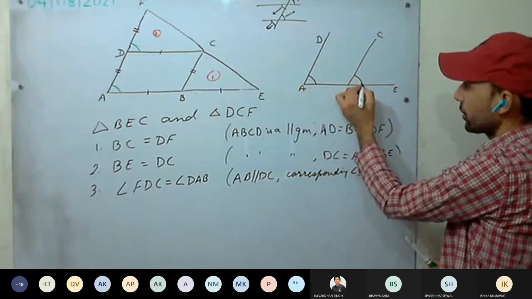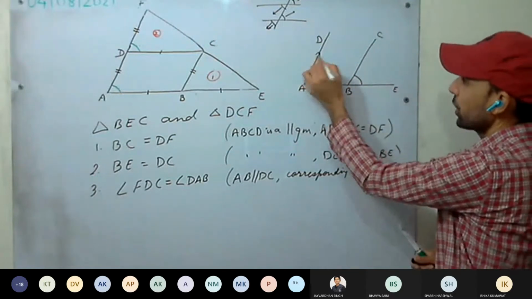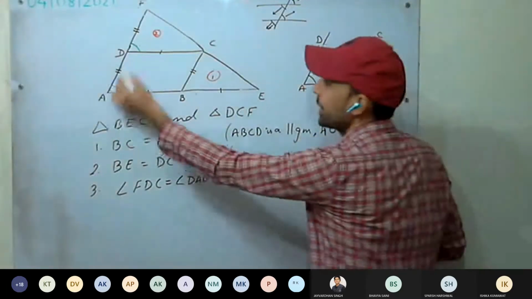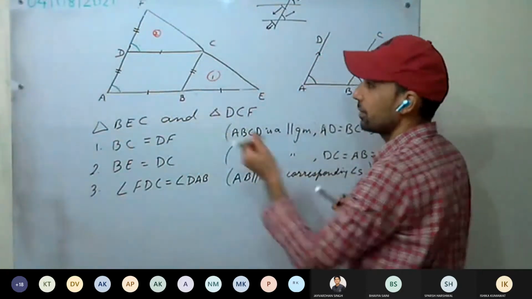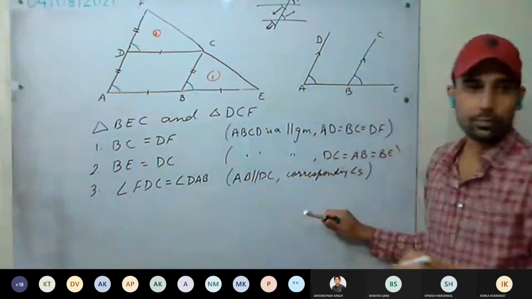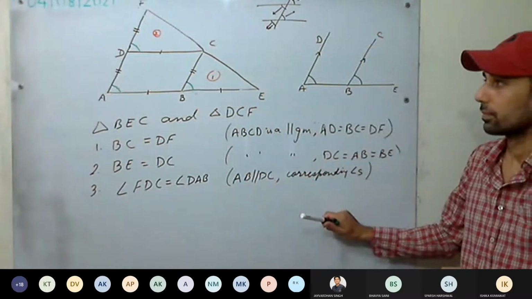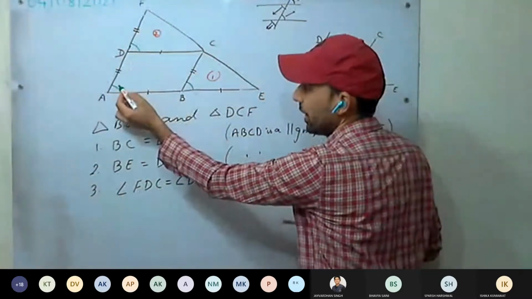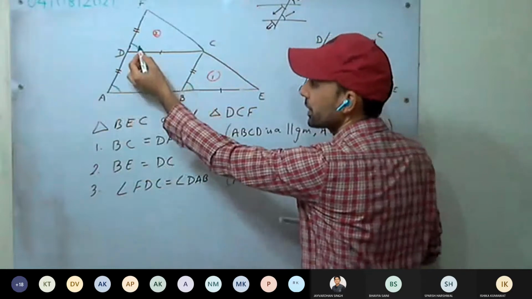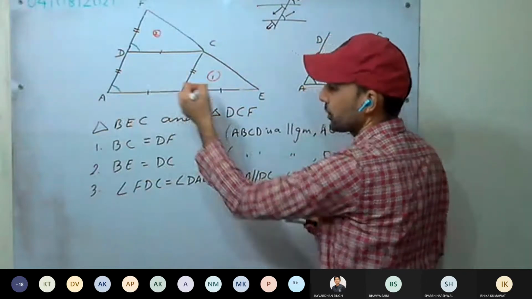This angle will be equal to this angle. They are corresponding angles. AD parallel to BC. It means these two are corresponding angles. They will be equal. It means this is equal to this one and this is equal to this one. It means these two are as well equal. Okay.